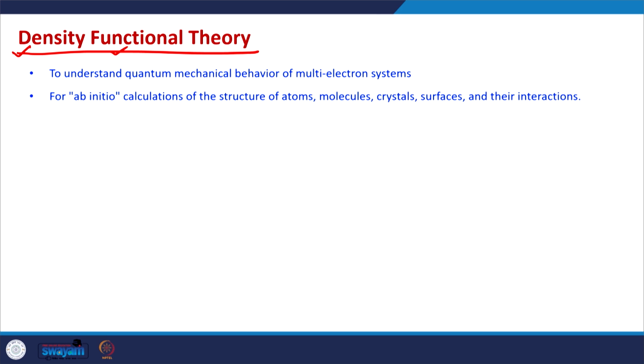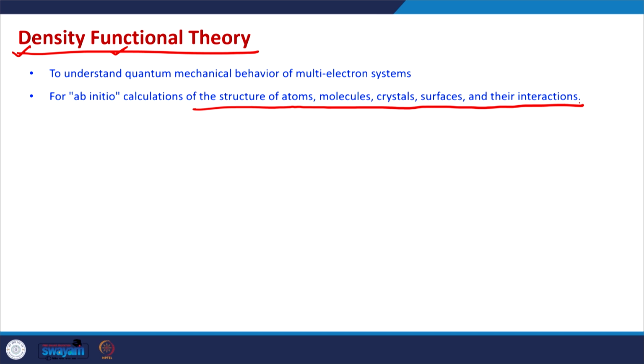So this is the theory, or a method to understand the quantum mechanical behavior of many body systems, multi-electron systems, nanosystems actually. And this is an ab initio approach, an ab initio method to calculate the electronic structure of atoms, molecules, crystals, surfaces and their interaction.